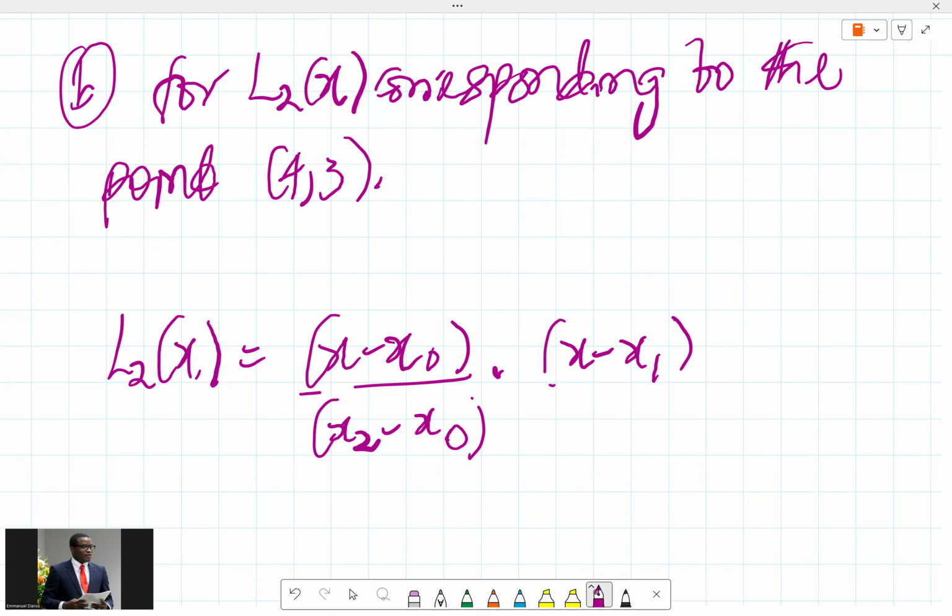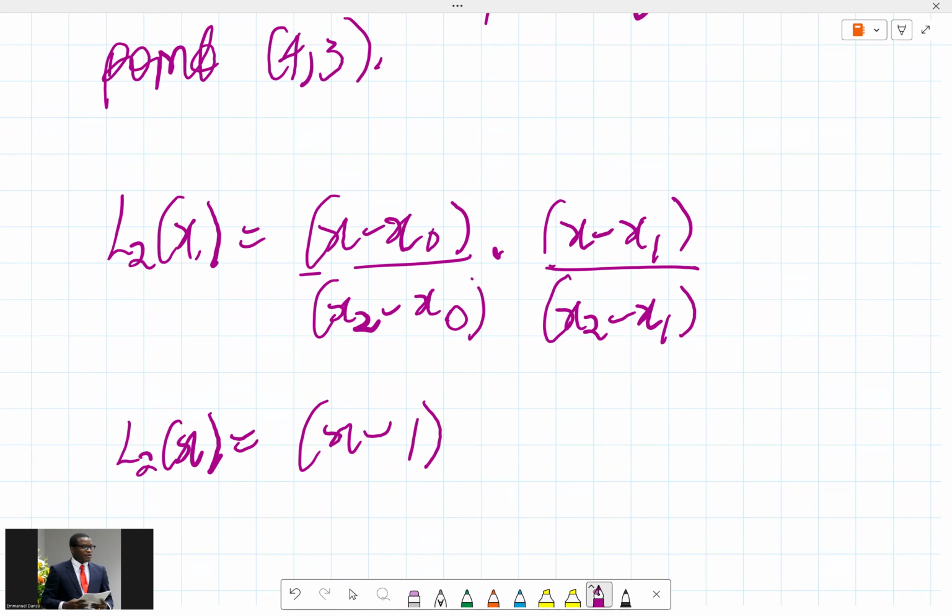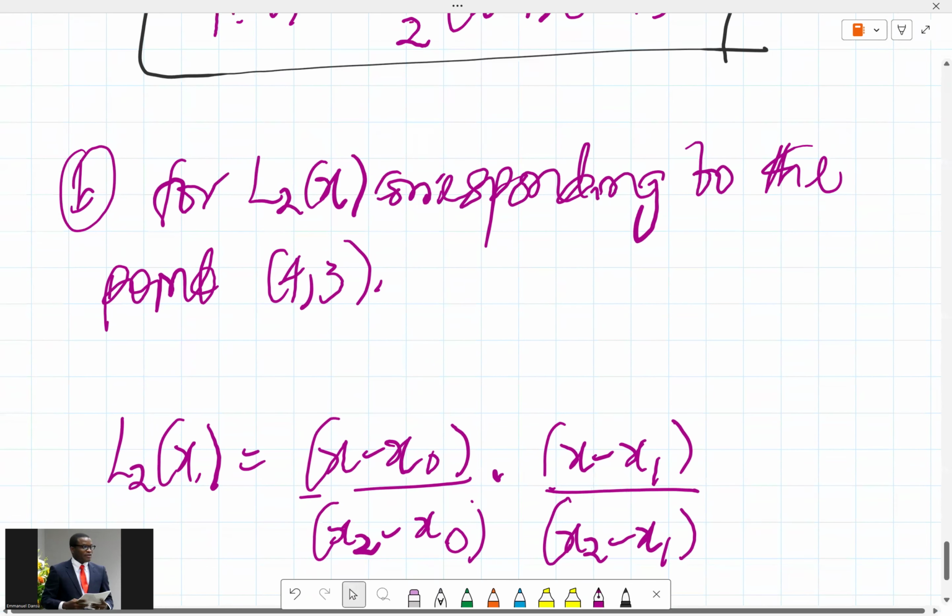So that's 2, we skip it. It only appears under, so we have x2 minus x1 now. So L2 of x is equal to x minus, our x naught in this case is 1, all over x2. X2 itself is this 4 here.